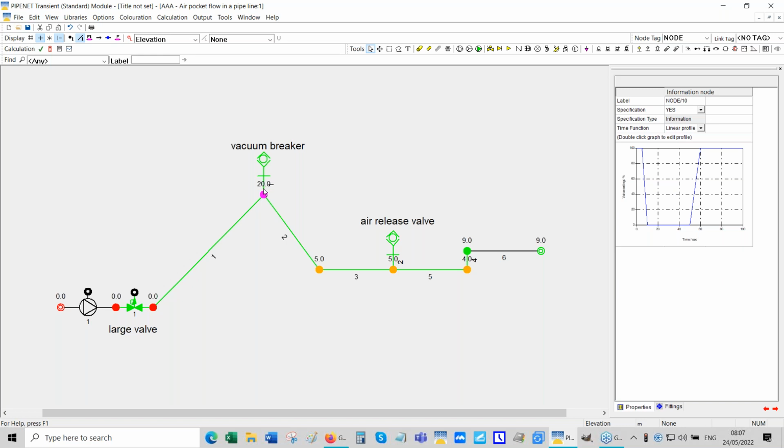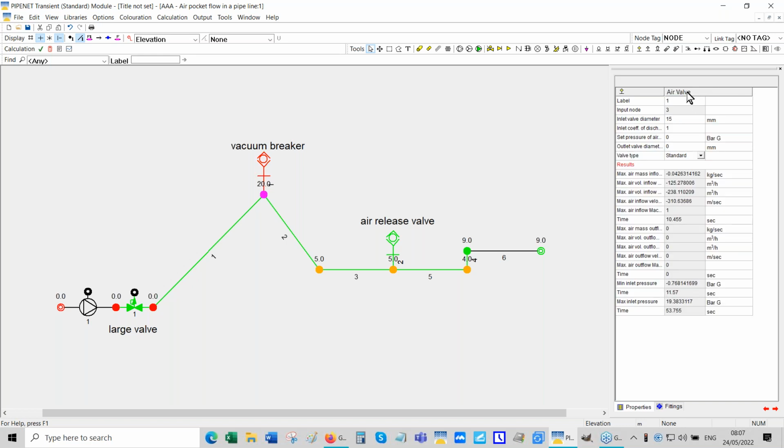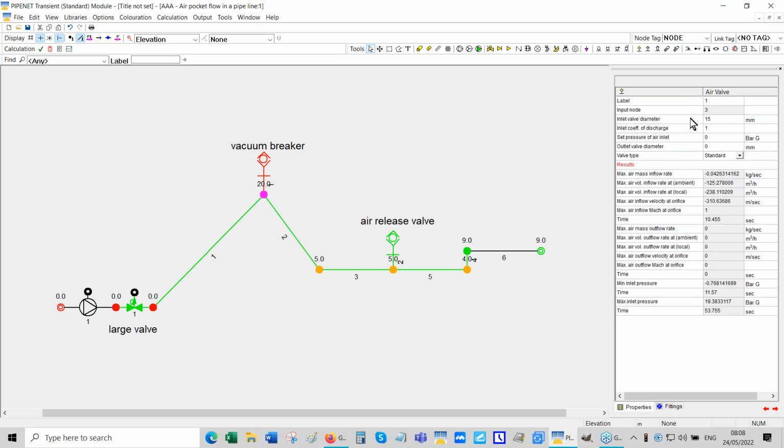And if you look at the attributes of that, you see the air inlet valve is 15 millimeters diameter, and the outlet valve is 0. In other words, this is purely a vacuum breaker valve. So it doesn't offer any path for air to go out through this valve.